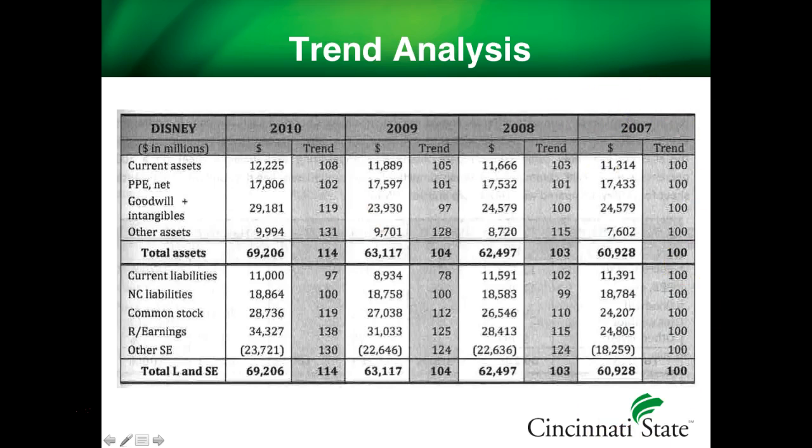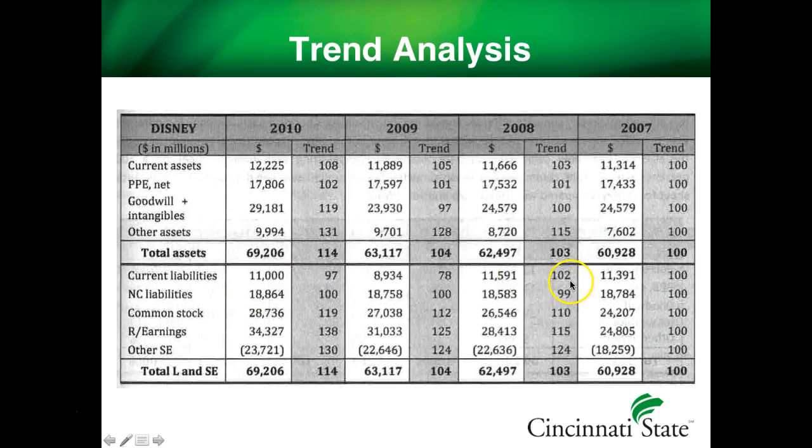All asset accounts increased compared to 2007 except for goodwill and intangibles in 2009, where they decreased by 3%. You can also analyze the changes in the non-current liability and equity accounts compared to 2007.